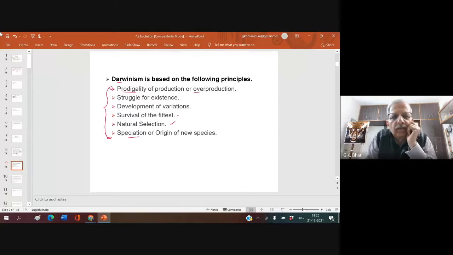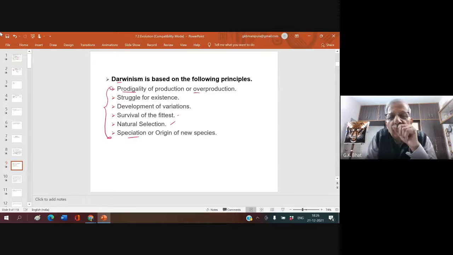This struggle is called struggle for existence. In nature, whenever a species goes on producing as many individuals as possible, the progeny start fighting with each other for these three basic requirements: space to live, food to eat, and a mating partner to reproduce.